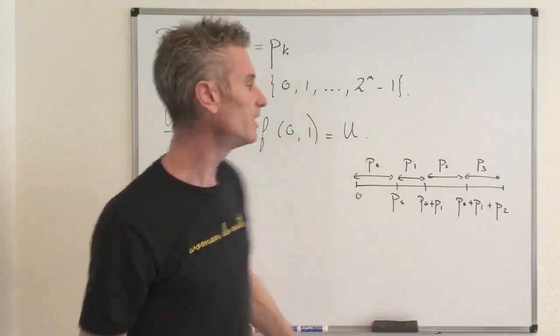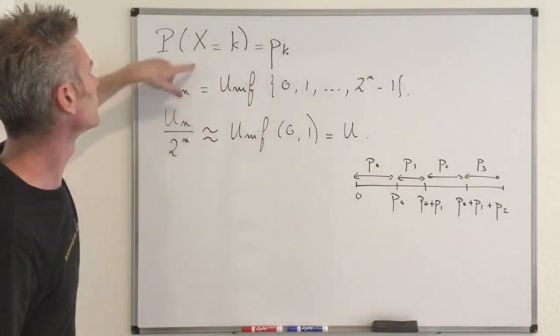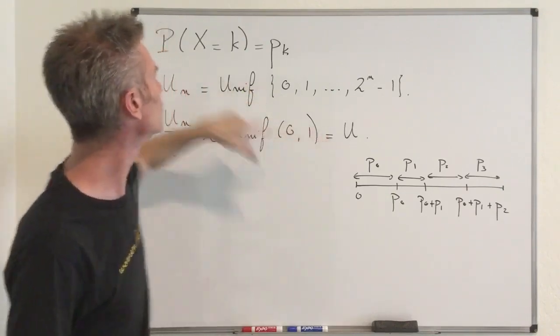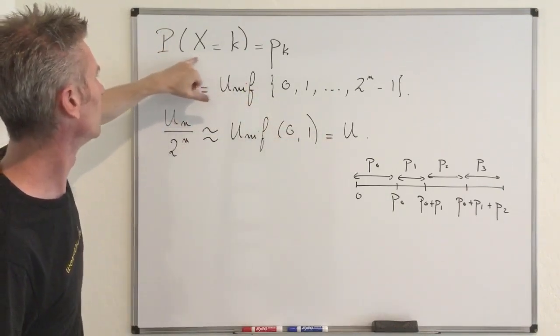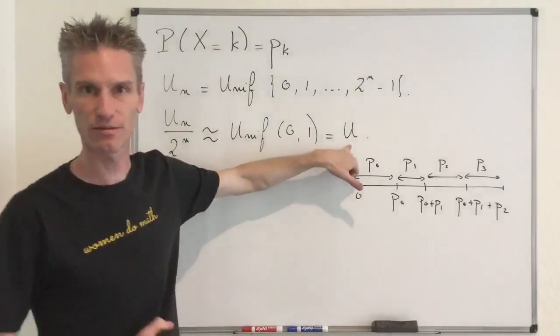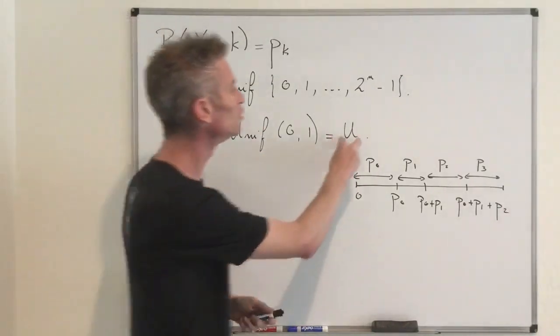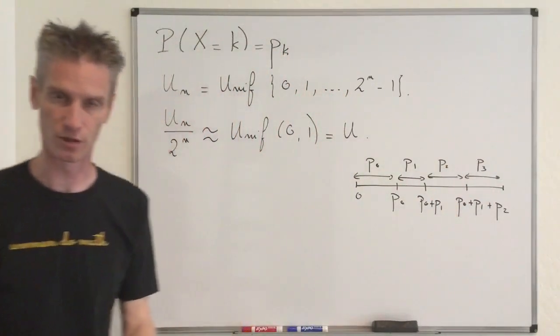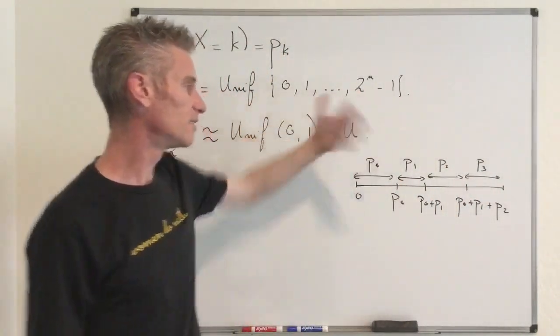So eventually, x can be constructed from u as the indicator function of the event that u belongs to the first, second, third, or fourth interval. So that's the math.